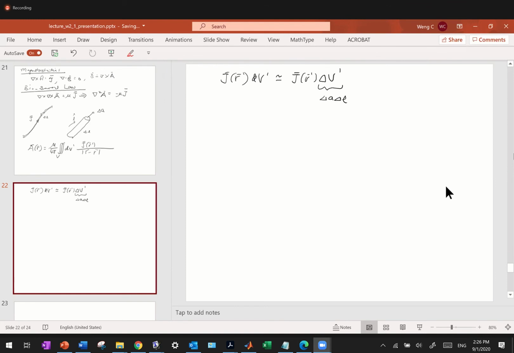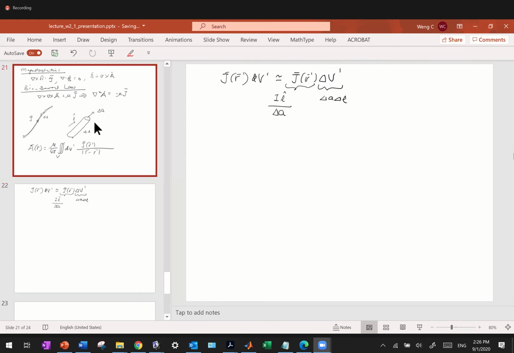Then I'm going to approximate this current density. This is current density, so it has the units of amperes per meter square. So I'm going to multiply by a unit vector pointing in the L hat direction divided by the cross-sectional area.